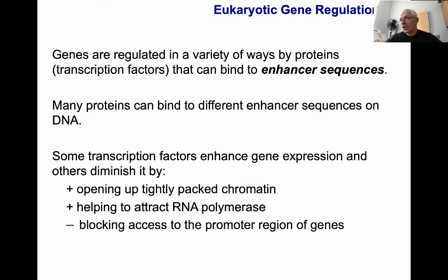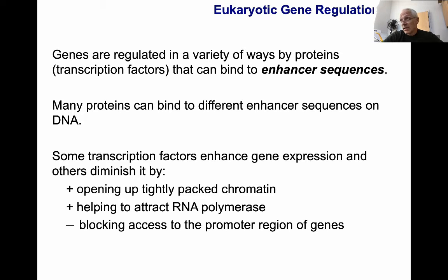So, in the first couple of videos, we've talked about general ways that organisms control the expression of their genes, and that means control whether or not the products of the genes are going to be made in a cell and how much of that product might be made in a cell.